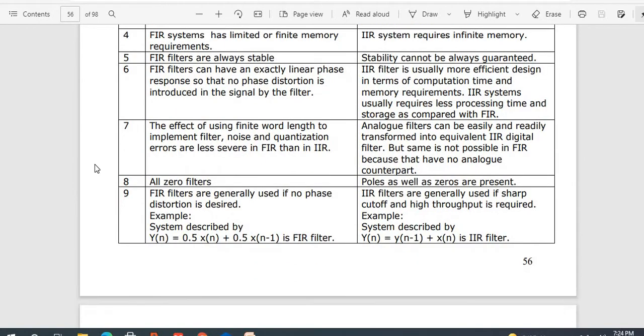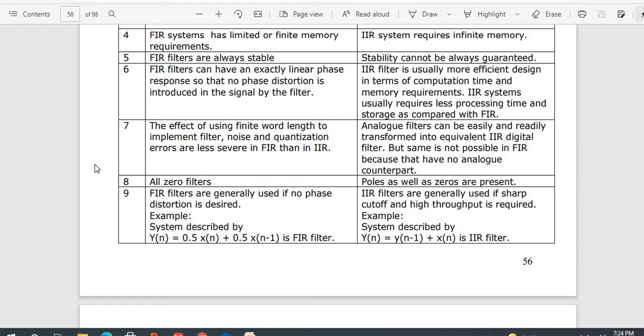The effect of using finite word length to implement a filter: noise and quantization errors are less severe in FIR. Since we use finite word length, FWL, in order to implement the filtration, we see this effect. Because of that, the noise and quantization errors are less when compared to IIR.